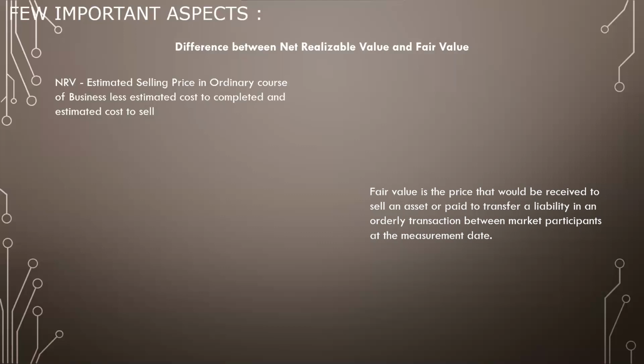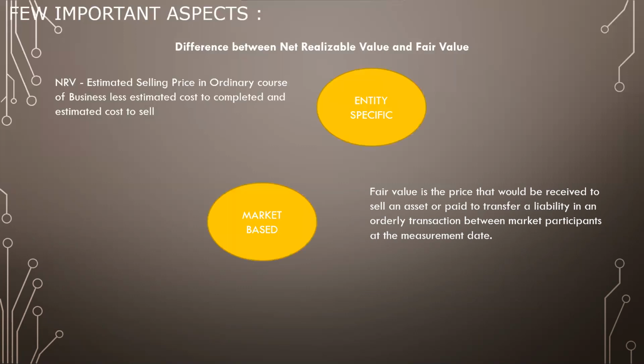Though broadly both talk about a price at which I'm exchanging a product, the difference between NRV and fair value is twofold. Fair value is always market driven. NRV is always entity specific. That is the biggest difference between these two definitions.